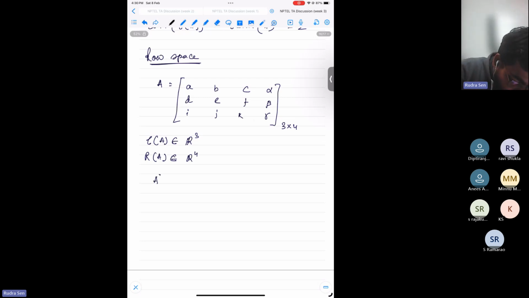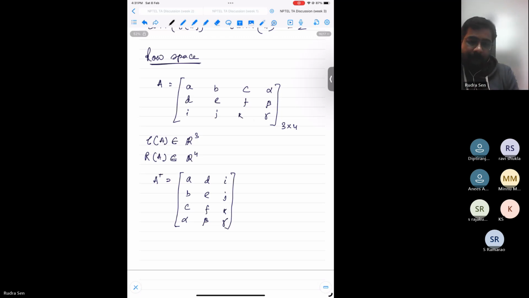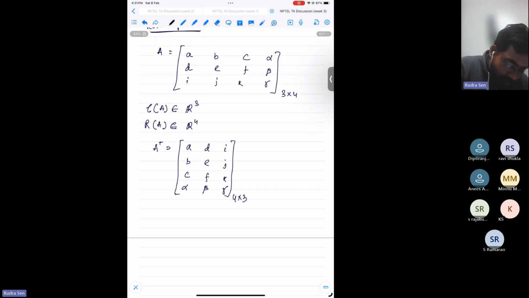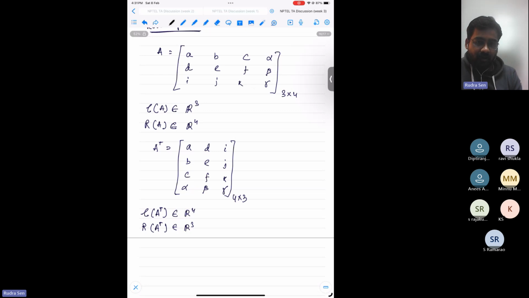If we do the transpose, we get A, B, C, alpha, D, E, F, beta, and I, J, K, gamma, right? Now it has become a 4 cross 3 matrix. So the column space of A transpose belongs to R4, and the row space of A transpose belongs to R3. So the column space of A is the row space of A transpose, and the row space of A is the column space of A transpose.